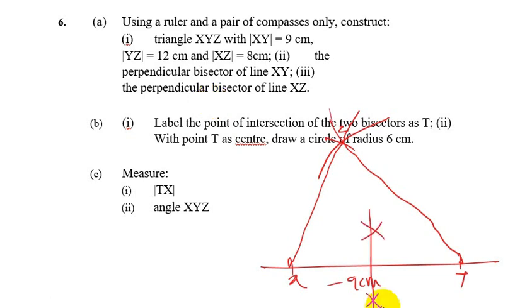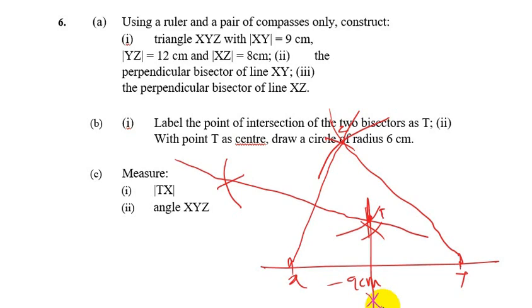Then also the perpendicular bisector of XZ. So you stand here, construct an arc, then you construct the same arc here, then you stand here, you cut, then you draw a line like that. And they said label the point of intersection T. So where the two lines meet over here, that is what we call T. And they said with T as center and the radius of 6 centimeters, draw a circle.